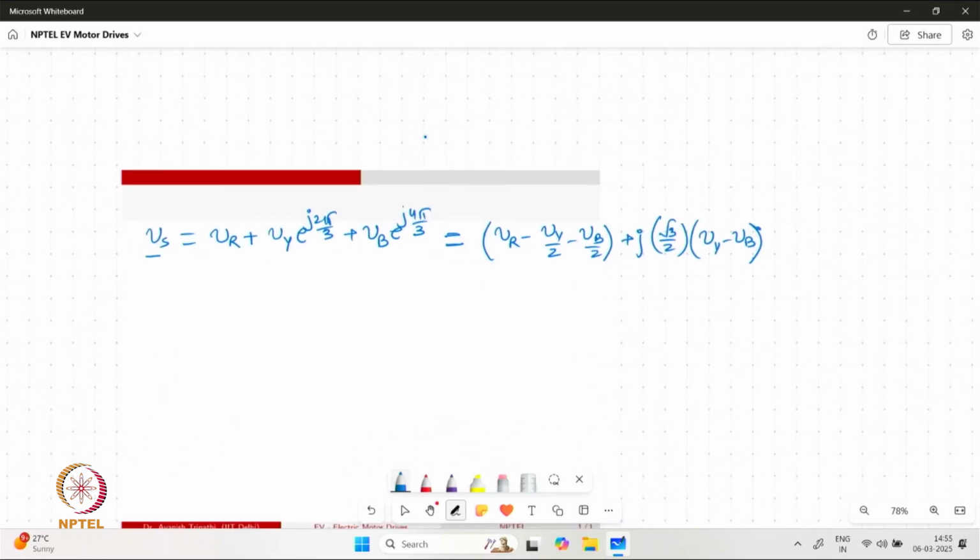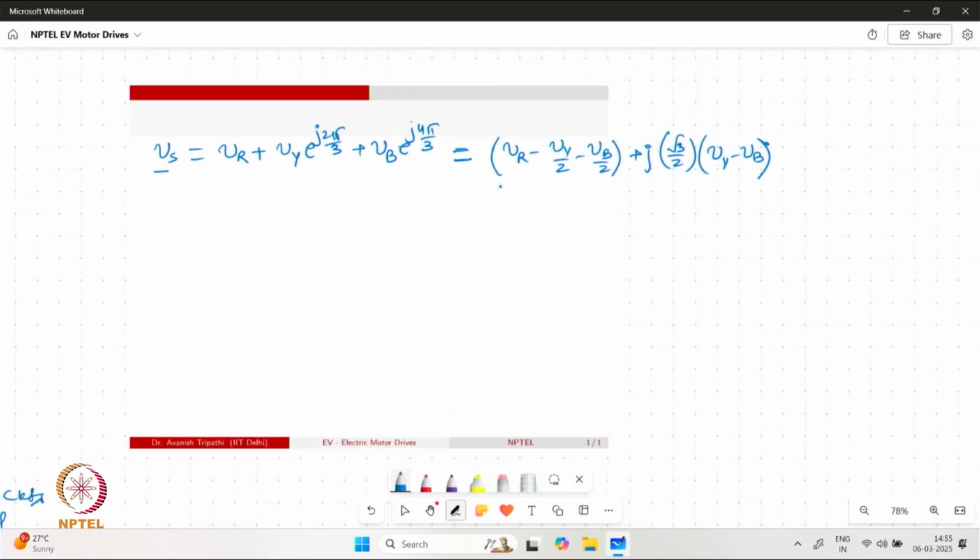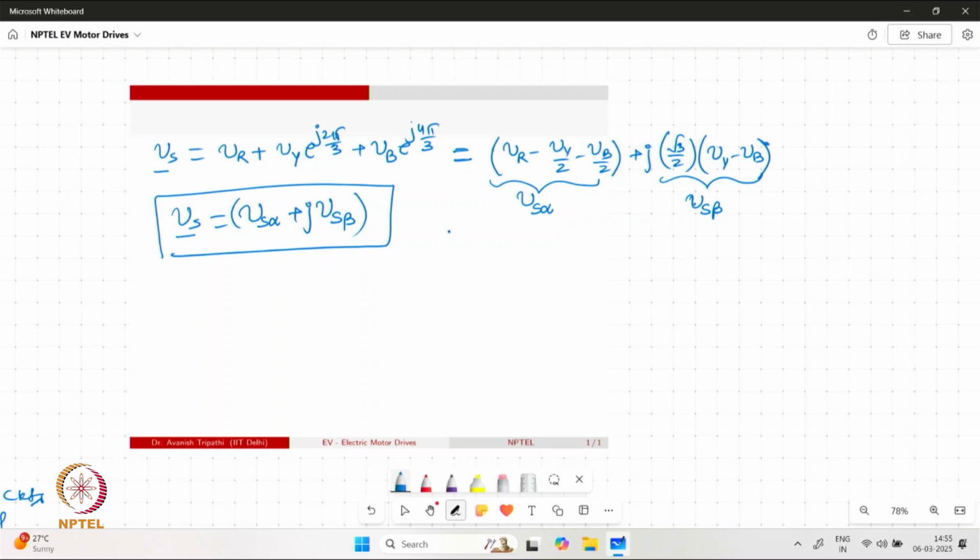By naming these alpha and beta, we are essentially calling the components along alpha and beta Vs alpha and Vs beta. So this voltage vector can be represented in terms of two components, Vs alpha and Vs beta, where Vs alpha can be computed from this expression.